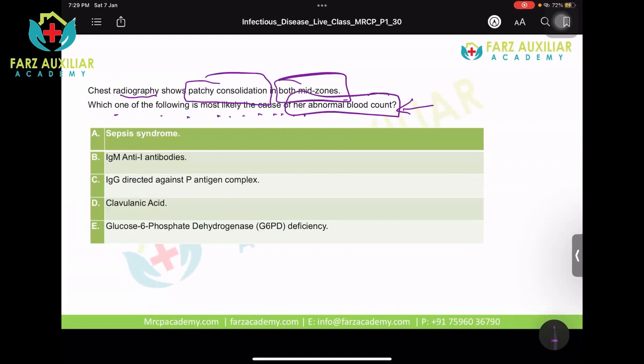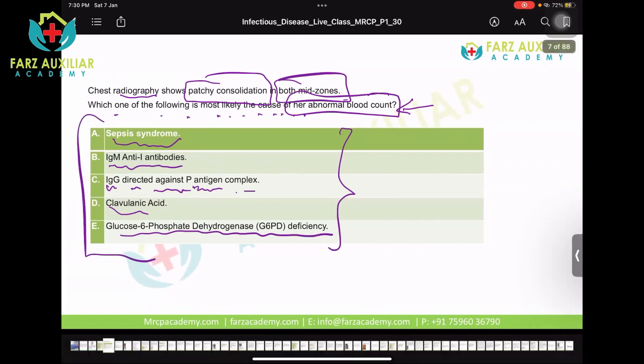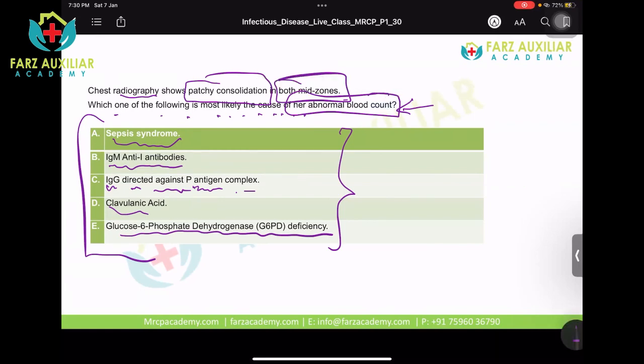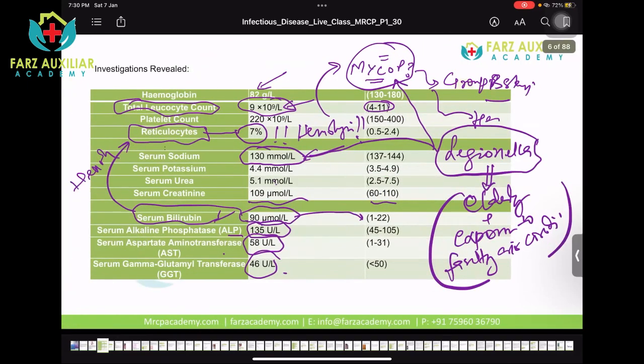Okay, we have sepsis syndrome, IgM anti-I antibodies, IgG directed against Plasmodium antigen complex, clavulanic acid, G6PD deficiency. Nice question. Amoxicillin-clavulanate is not mentioned as one of the reasons.